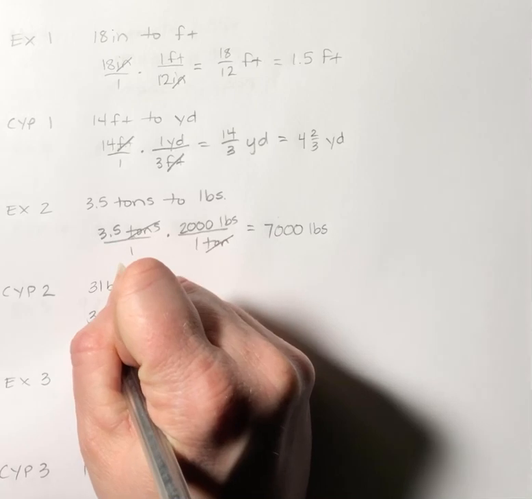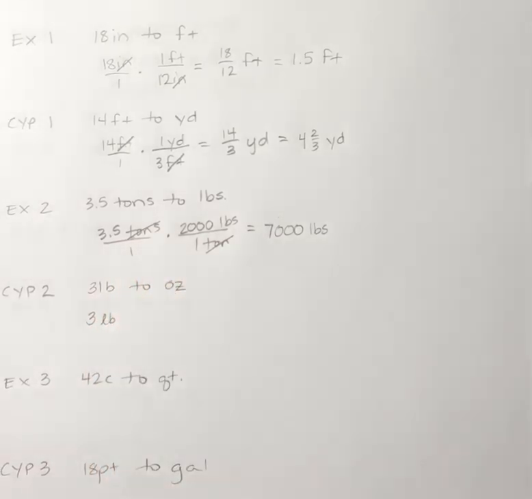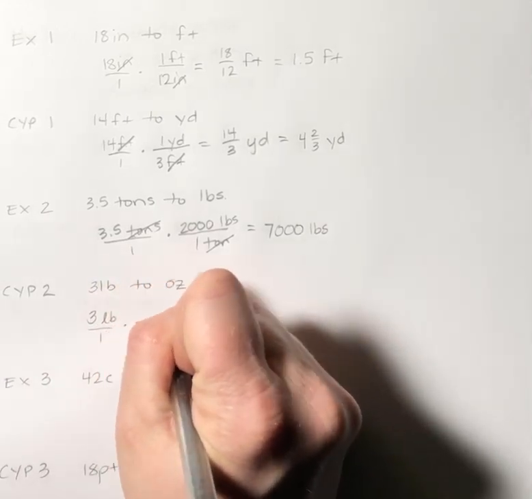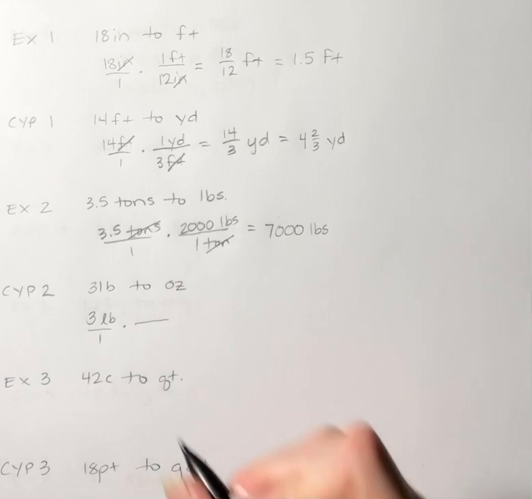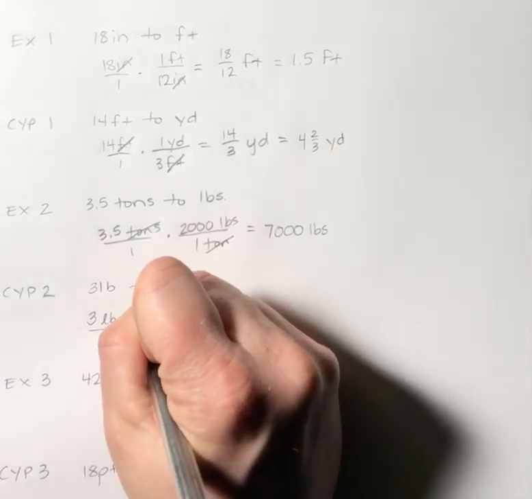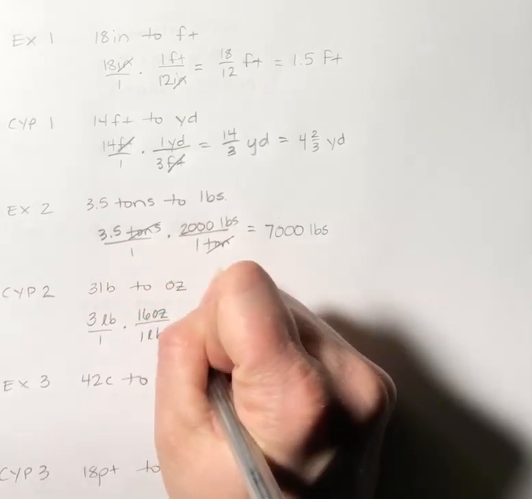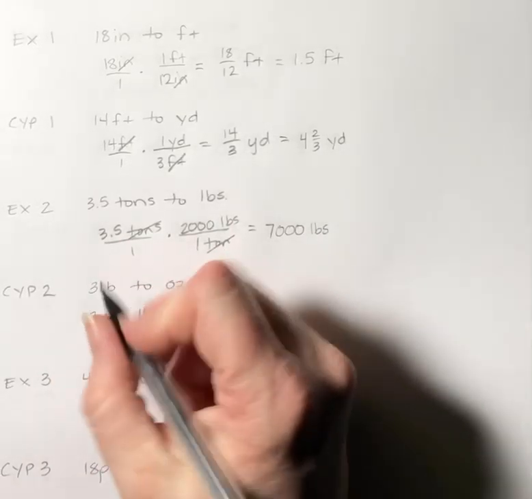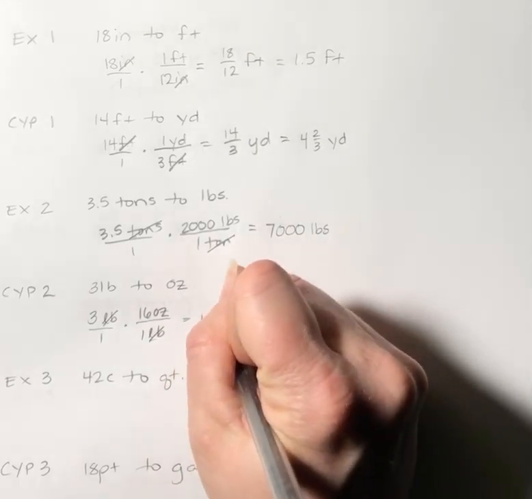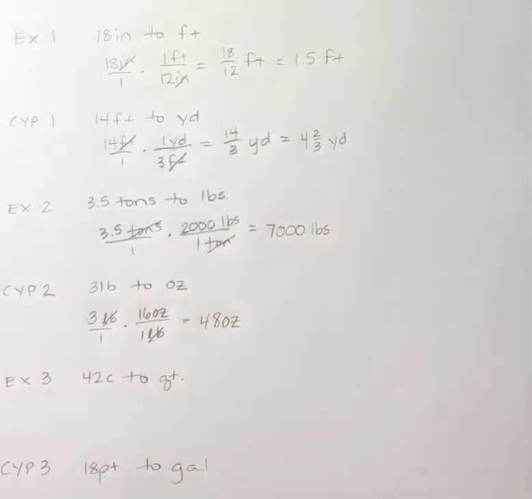Often what I will do is I will write my L's as cursive L's so that I don't ever confuse them for 1s. So 3 pounds over 1. There are 16 ounces in a pound. So 1 pound is equivalent to 16 ounces. Multiply across, my pounds cancel. So I have 48 ounces.